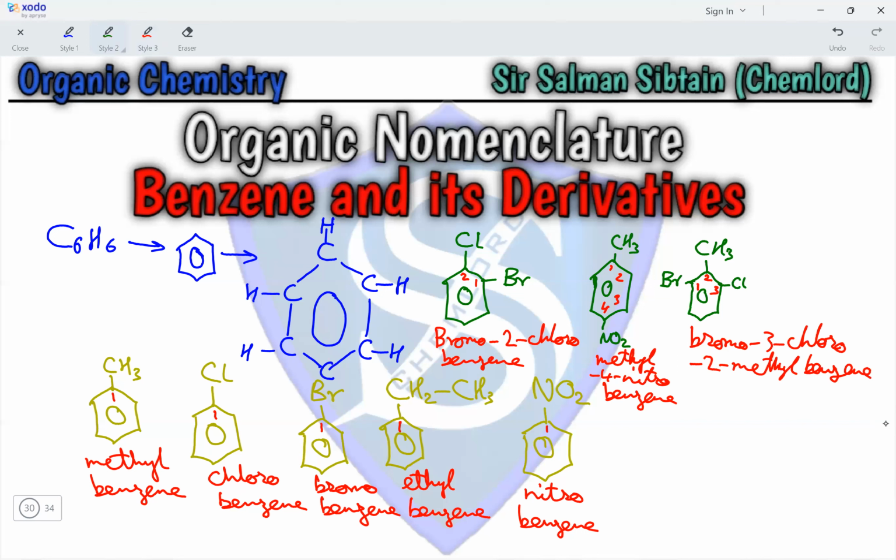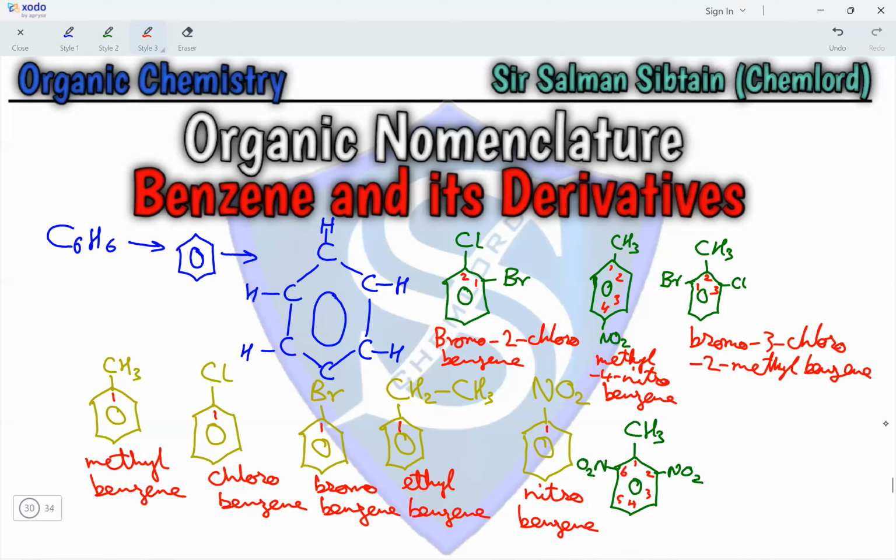This is also true if we have got similar groups present on the benzene ring at multiple positions. For example, if we have CH3, then we've got two nitro groups attached, one on this position, the other here. So the numbering would start from the methyl group because M comes before N. So we have one, and then two, three, four, five, and six.